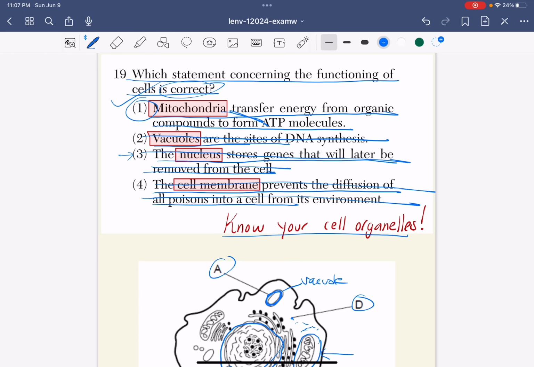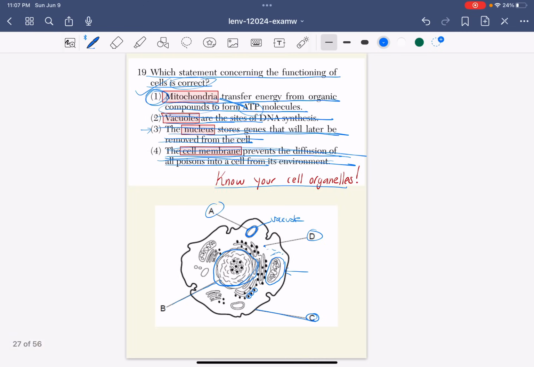Like, no. If the chemical or the compound is small enough to fit through the cell membrane, it will go through. So cell membranes do not have a mind of their own. They just have a specific mechanism. So the best and correct answer for number 19 is choice 1. Mitochondria make ATP from organic compounds.